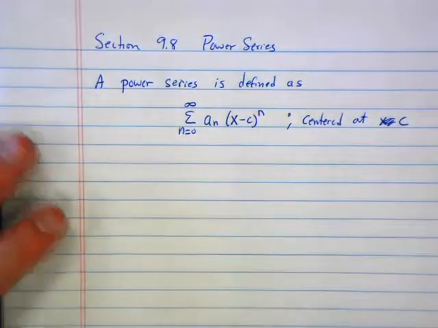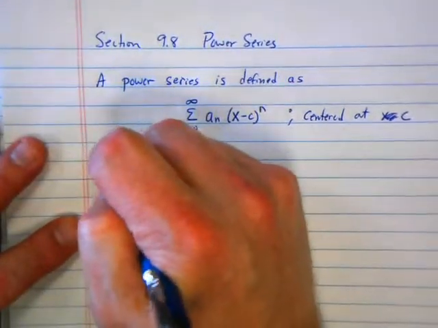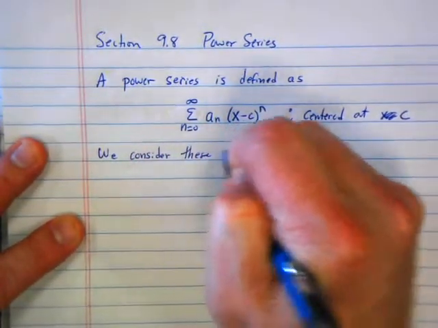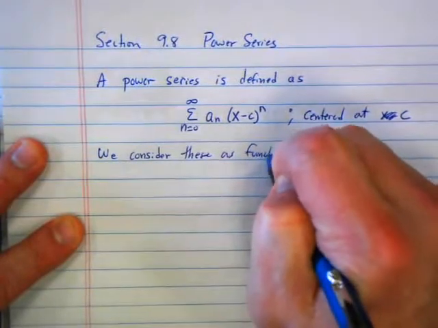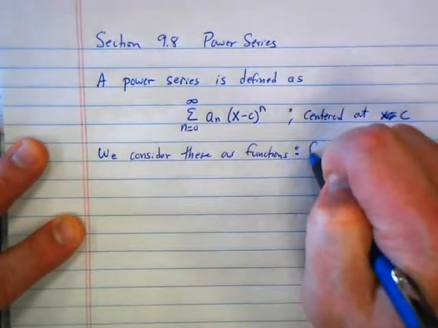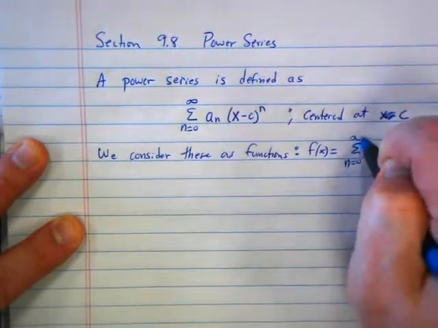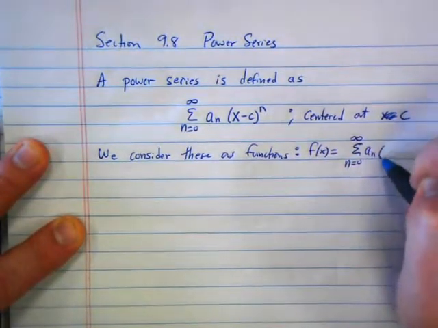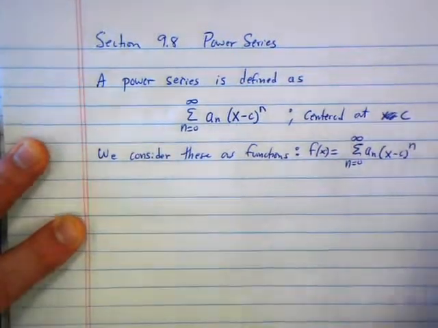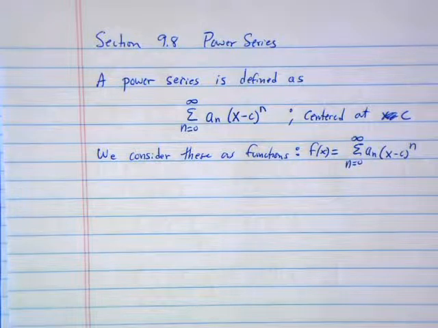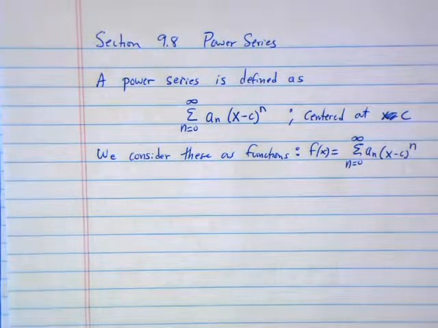We're going to consider these power series as functions. So we're going to have f of x equals the sum from n equals 0 to infinity of a sub n times x minus c to the n. Once you have functions, you begin to talk about the domain of the function.